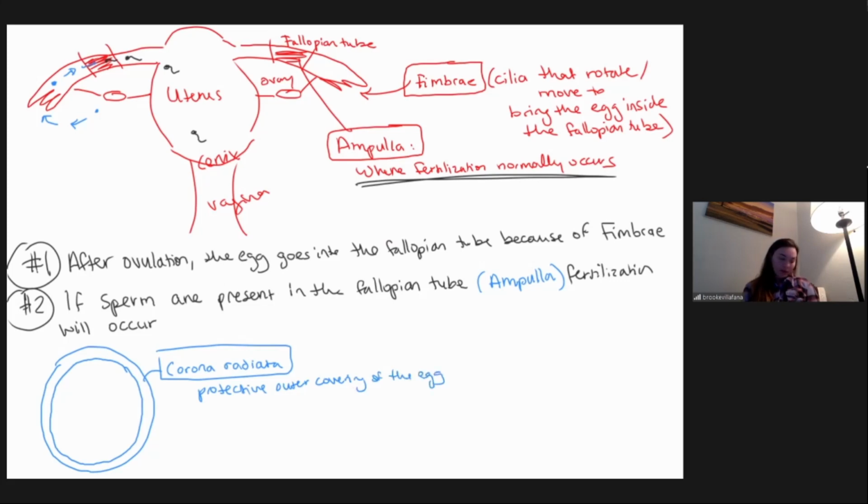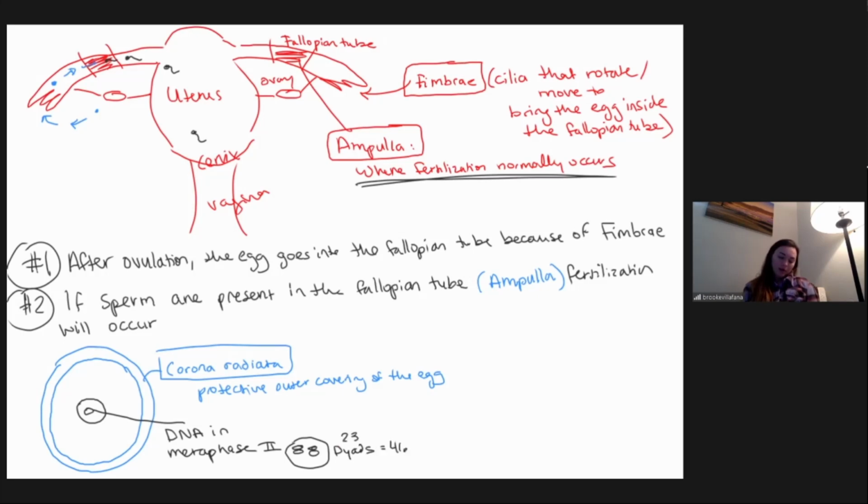Then there's the very center of the egg. Remember, this has our DNA in metaphase 2, right? You guys remember it was in metaphase 2. So what does that look like? Dyads at the equator. How many? 23 dyads, 46.